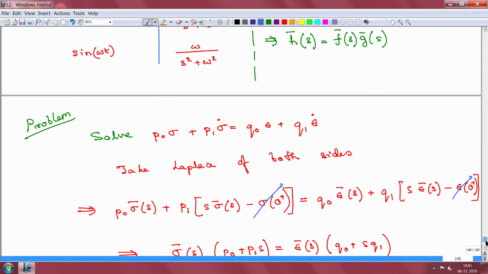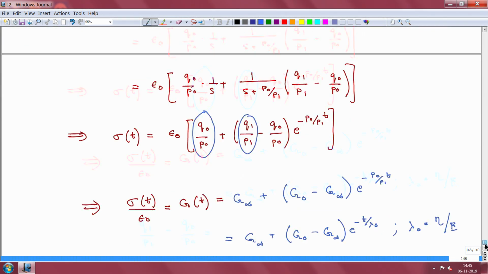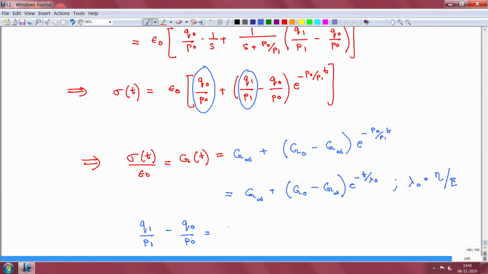So, if you calculate this, this should come out to e times of 1 plus e 1 by e minus e 1, eta equal to e equal to 1 by p 1.